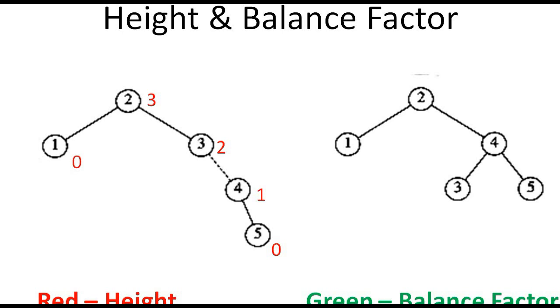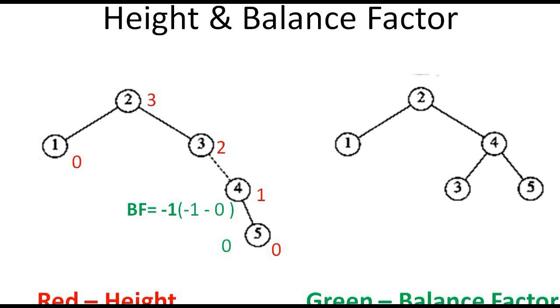Now we will check the balance factor. I mentioned everything in green color. The balance factor of 5 is 0, and the balance factor of 4 is -1. Here you have to be alert with the technique. There is no left subtree in 4, so you have to consider that as -1.